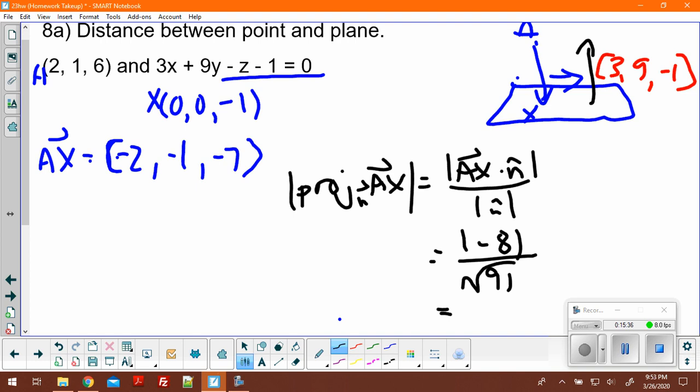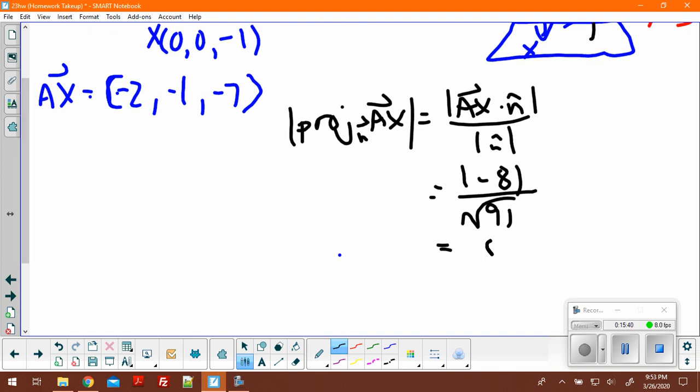Okay, so it should be 8 over the square root of 91. So that must be a little bit less than 1. About 0.84.